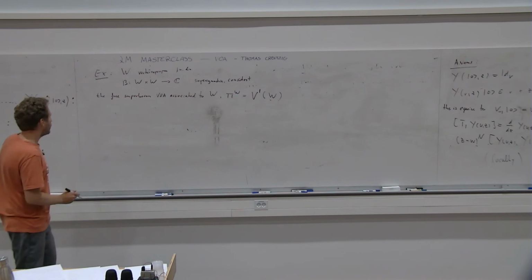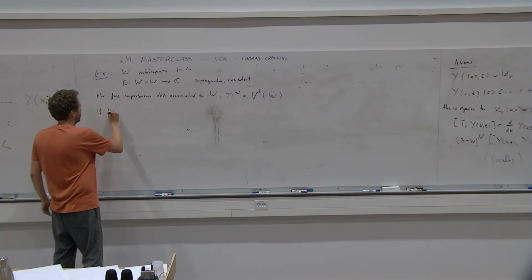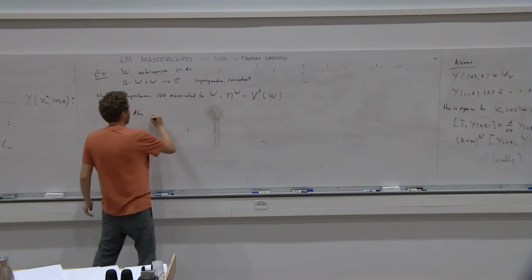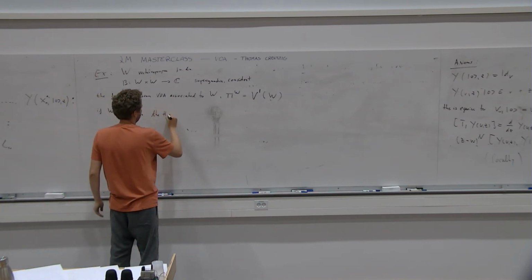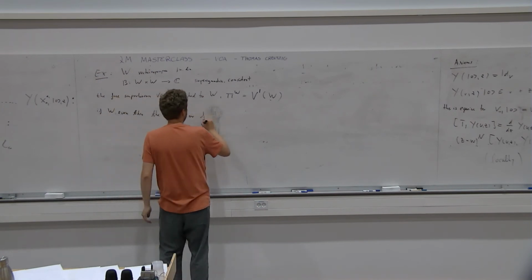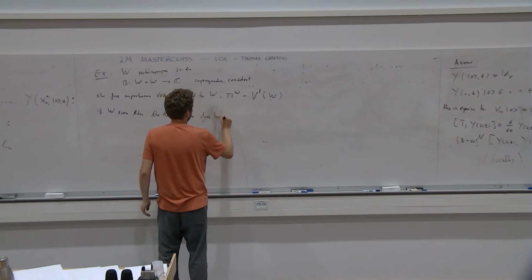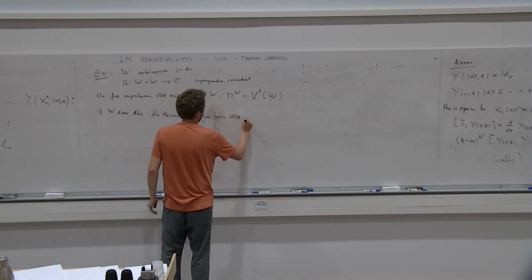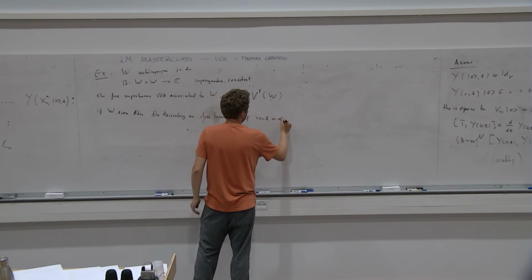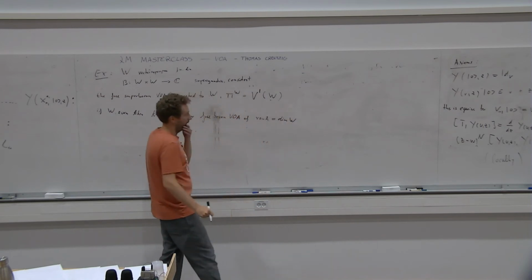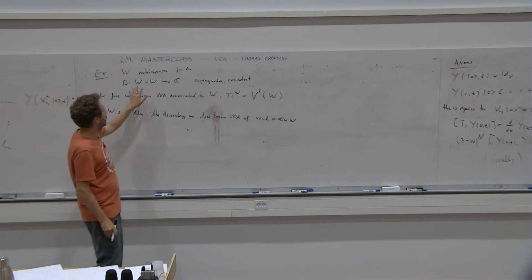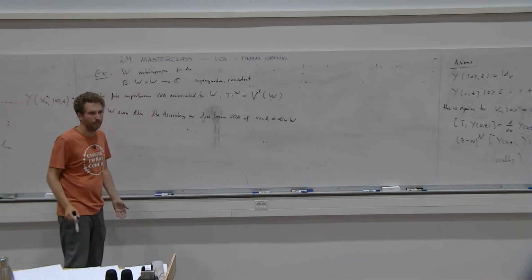Now, if W is even, then this is called the Heisenberg or free boson VOA of rank equal to the dimension of W. And in fact, an enormous amount of applications just deals with the free boson.